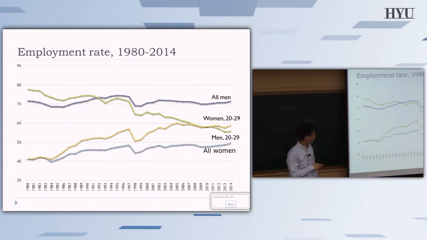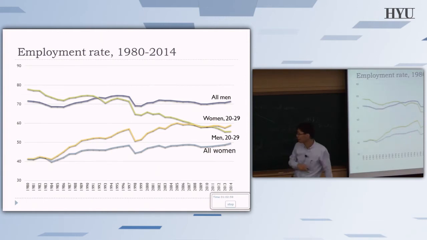Young man, what happened? It has been decreasing ever since. Since 1980, it was around 78%. Now actually it's lower than women's ER. It's about 55%.